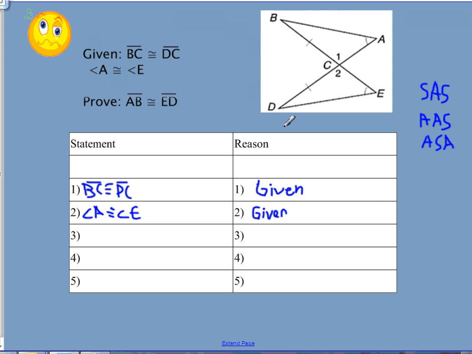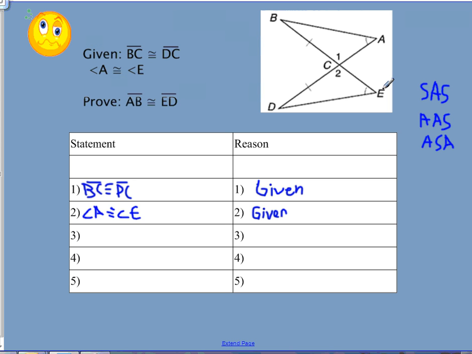All right, now looking at this, I'm going to take a guess and assume that you have already noticed that we have a pair of vertical angles in this particular figure. So I actually have angle 1 and angle 2, or you could also call it angle BCA and angle DCE. And what do we know about vertical angles?